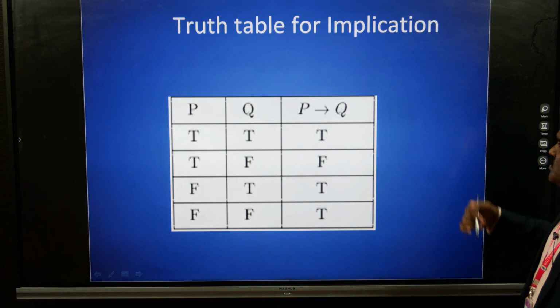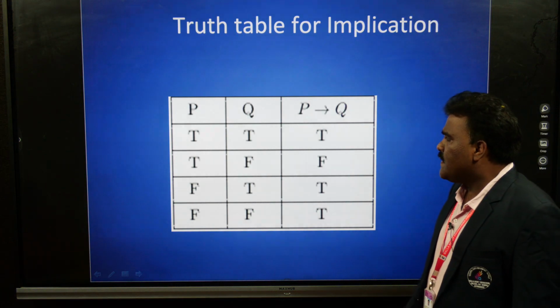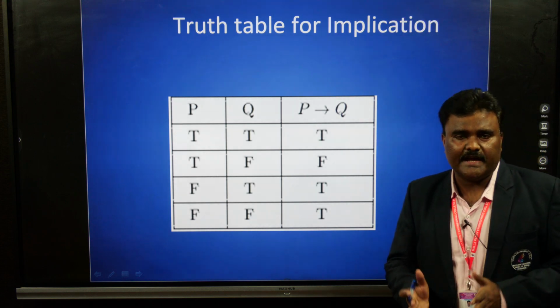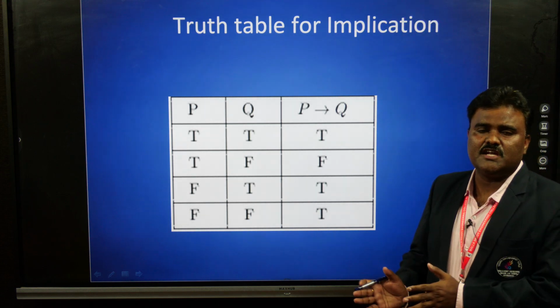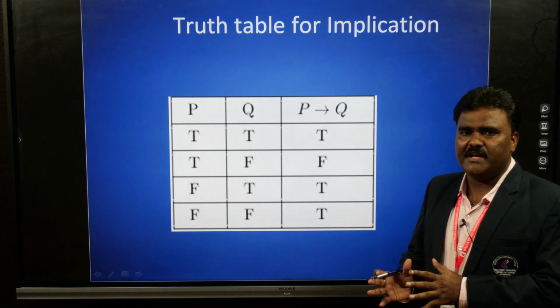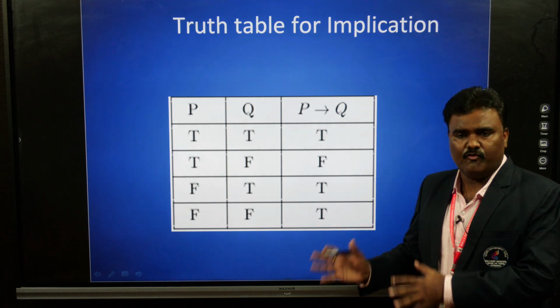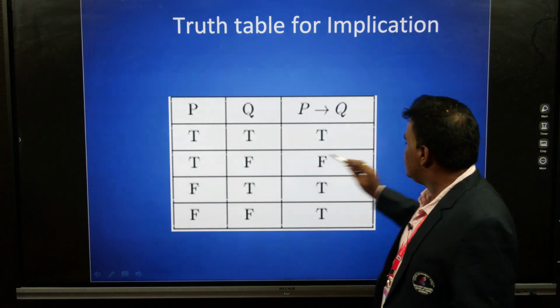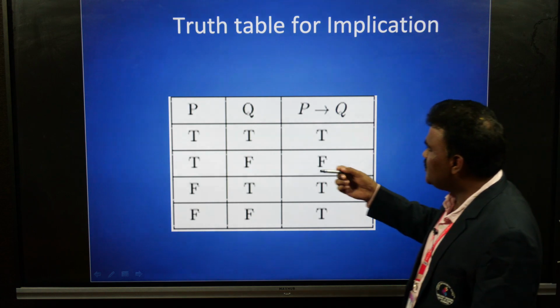Now coming to the truth table. In the truth table, if the first statement is true and the second statement is false, then the result will be false only. In all remaining cases, true only. Observe the truth table.